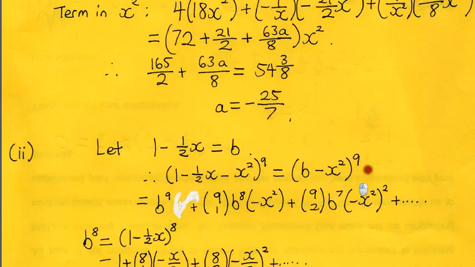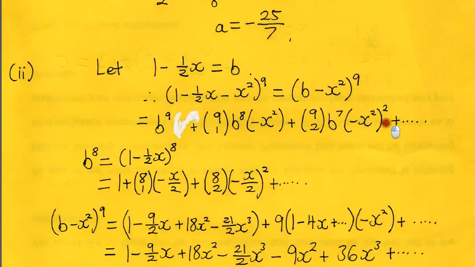So by writing this as a binomial expansion, and just to find up to the term x cubed, I can simplify it as b to the power of 9 plus, applying the same binomial expansion again, 9C1 b to the power of 8 times (-x squared) plus 9C2 times b to the power of 7 times (-x squared) to the power of 2, and so on.